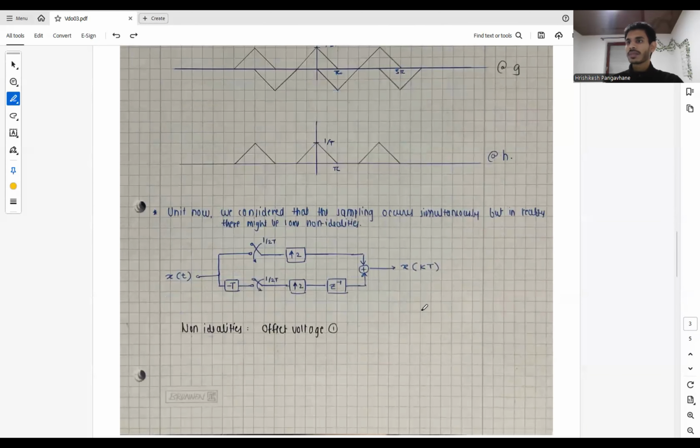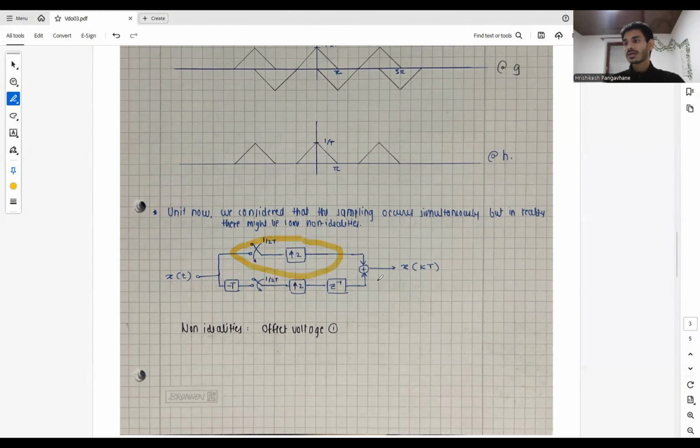Until now, we considered that the sampling occurs simultaneously, right? But in reality, there might be some non-idealities, because sampling happening in parallel at an exact instant of time, or with exact amplitude, is very ideal to consider, because we are building two channels.